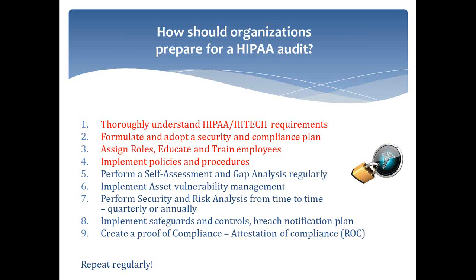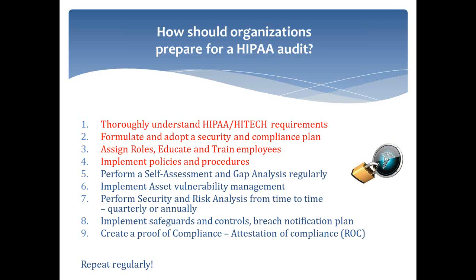And if you look at number 1 through number 4, they're really around scoping and understanding HIPAA, putting together a security and compliance plan to deal with HIPAA requirements, and getting the organization prepared with training and education and assignment of roles to implement a set of policies and procedures that are going to be the guidelines for implementing HIPAA.